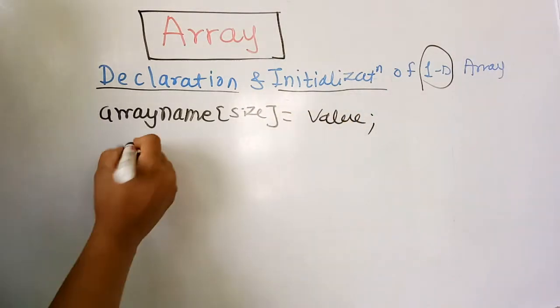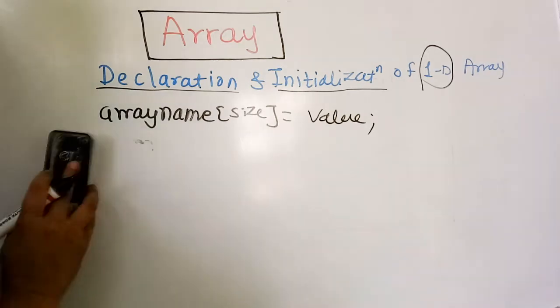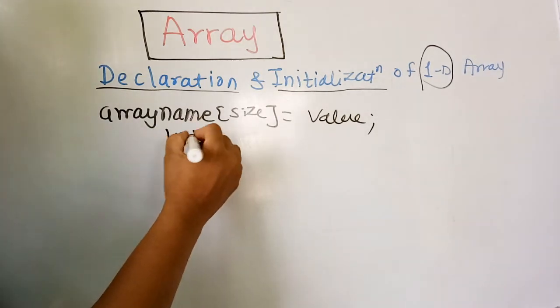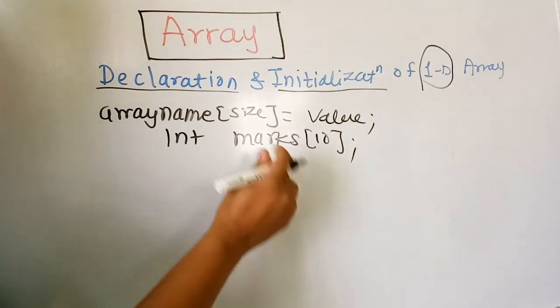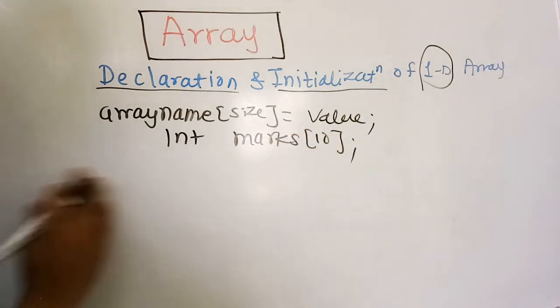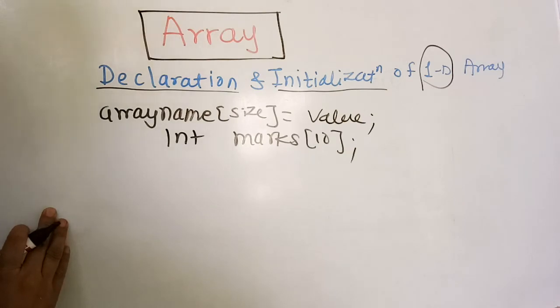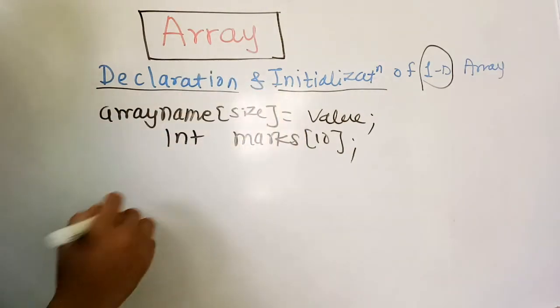So for example, in the previous example, we have created an array of marks for 10 students. Now, how would it be for initialization?